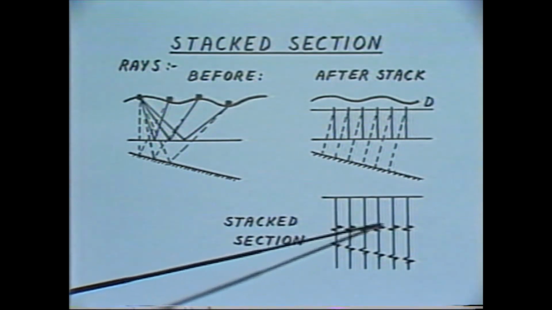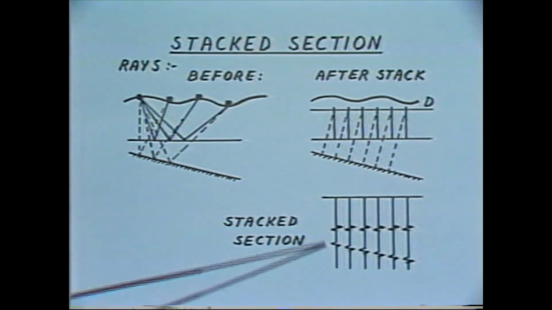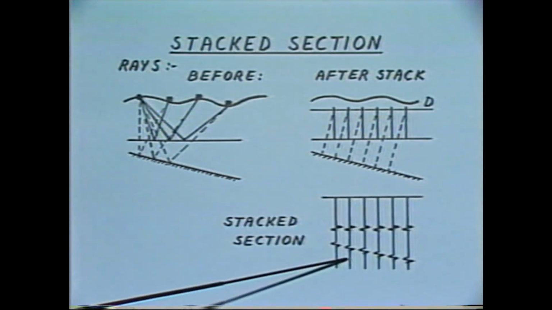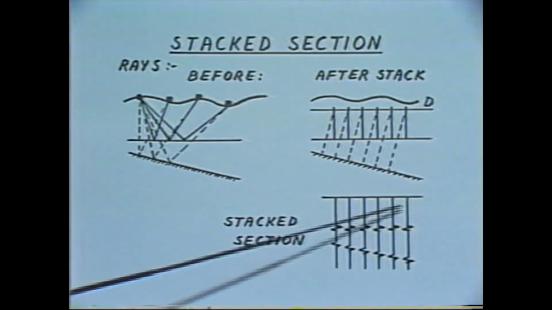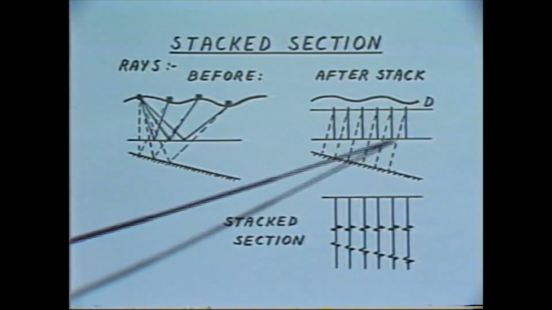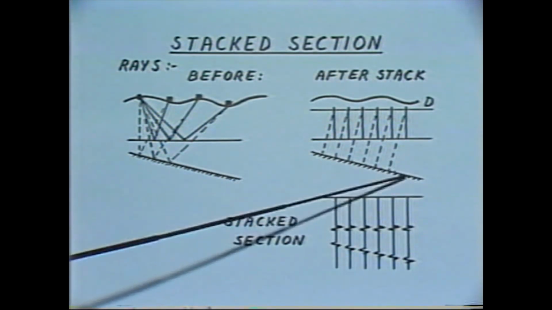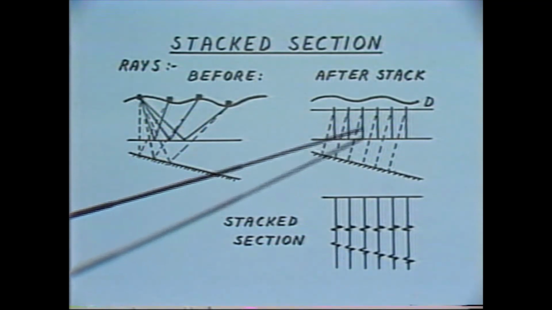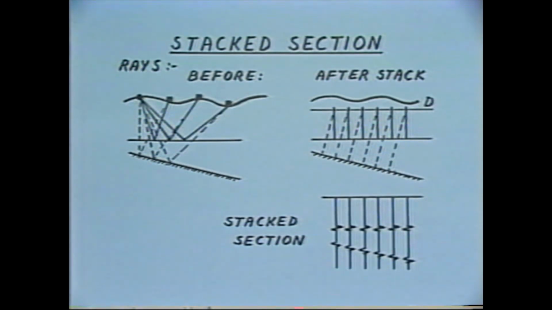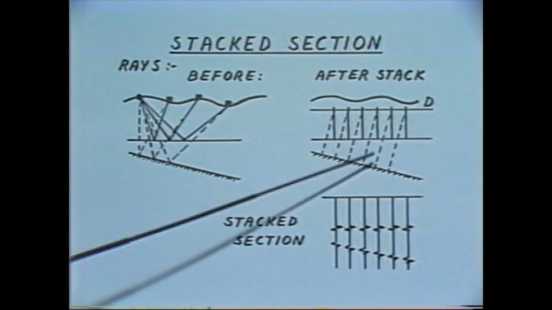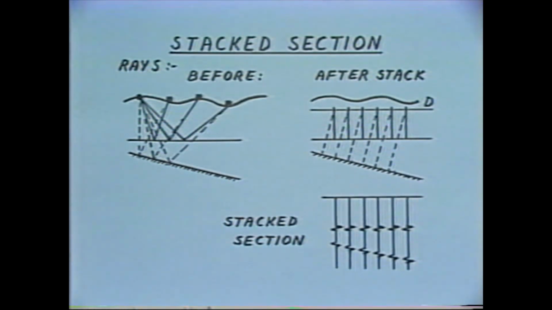So the reflections on the stacked traces, on the stacked section, form a kind of picture of the geologic structures, the attitude of the various reflectors below this seismic line. So that is one of the main purposes of processing the seismic data, to obtain this pictorial representation on the stacked section of the structures below the seismic line.